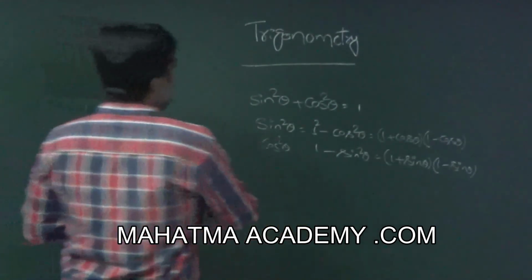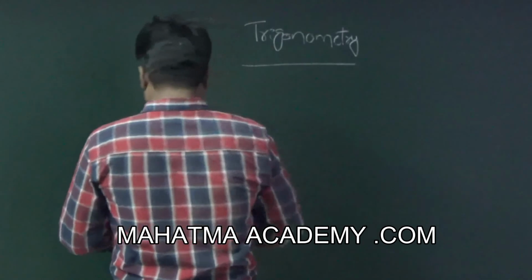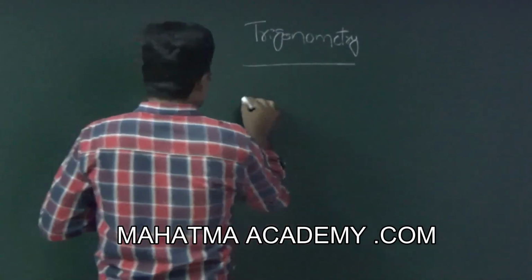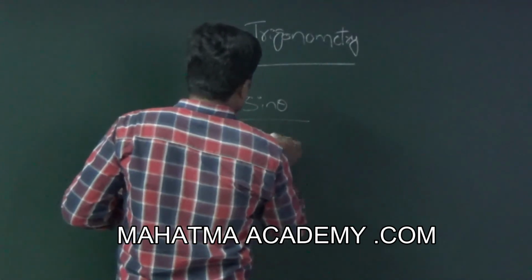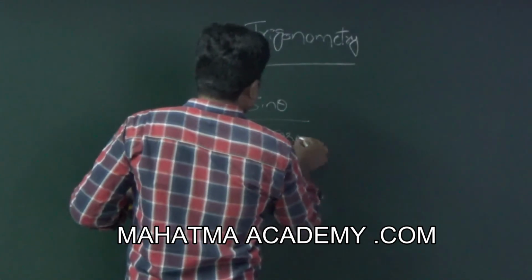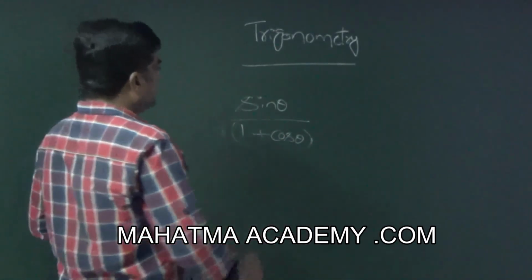The problem is like this: sin theta upon 1 plus cos theta. How to solve this problem?